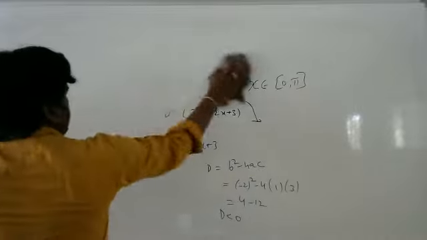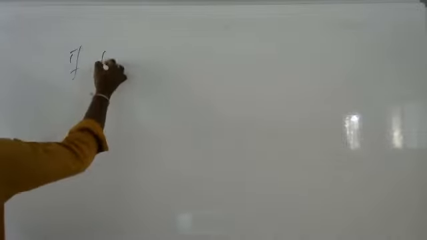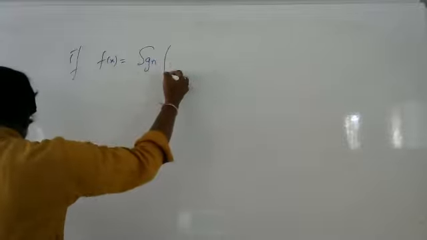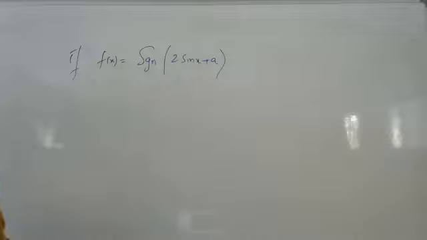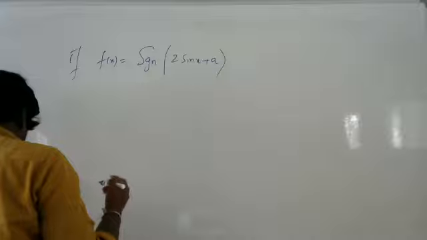Okay, let's solve another question. The next question is: if f of x is equal to signum of 2 sin x plus a, and it is continuous for all x, then find the possible values of a.